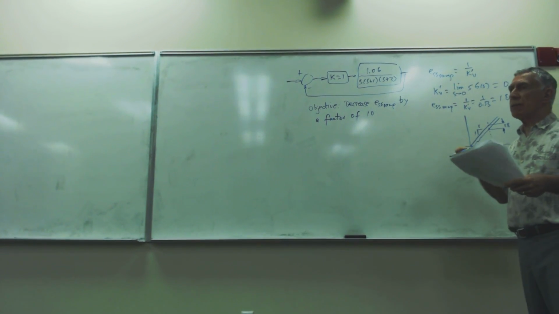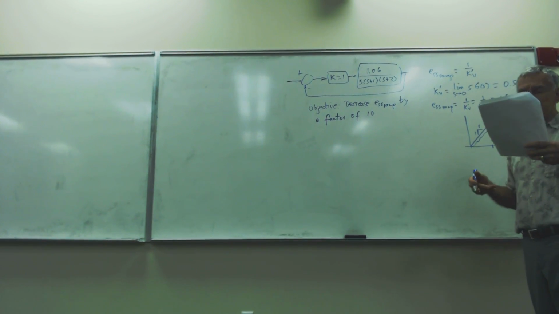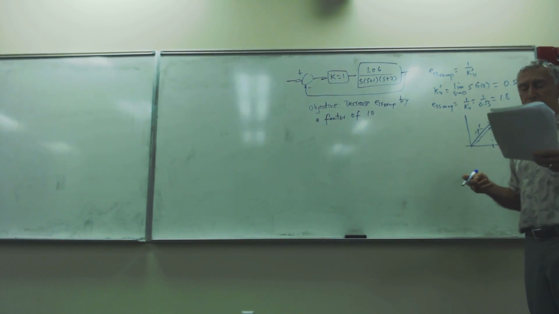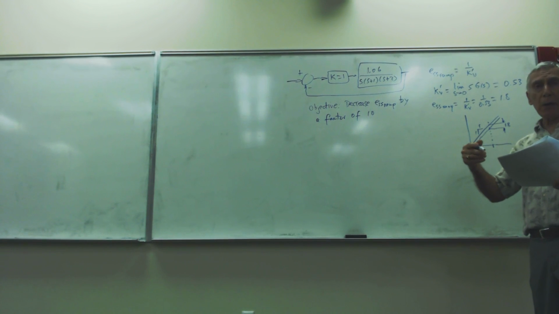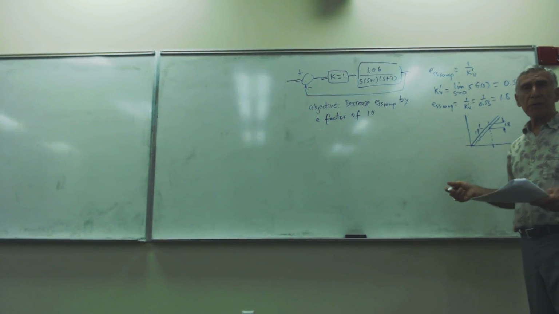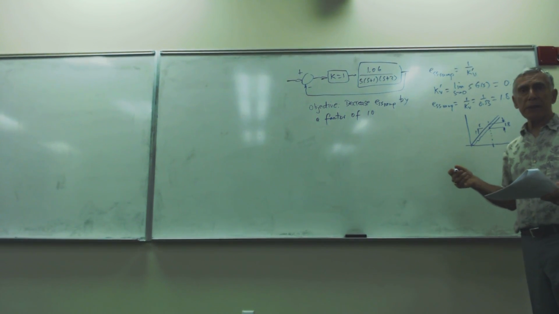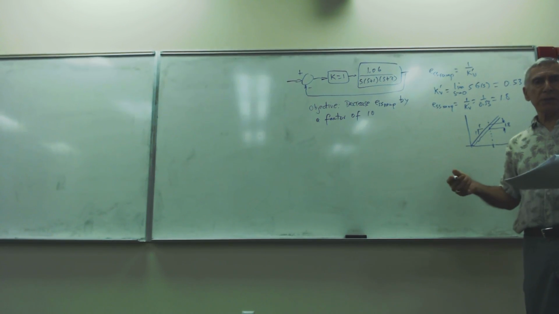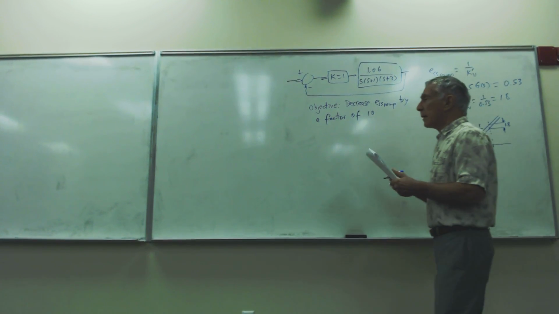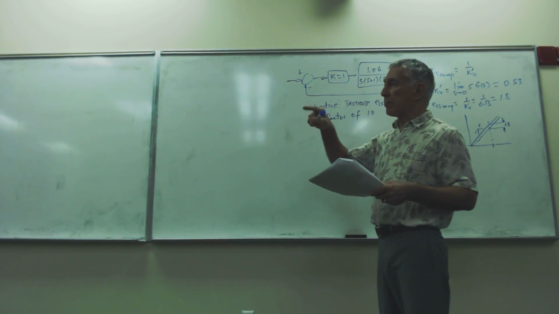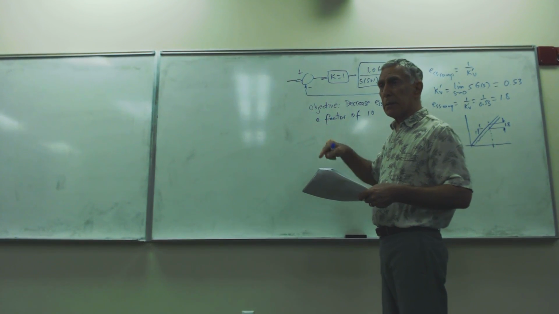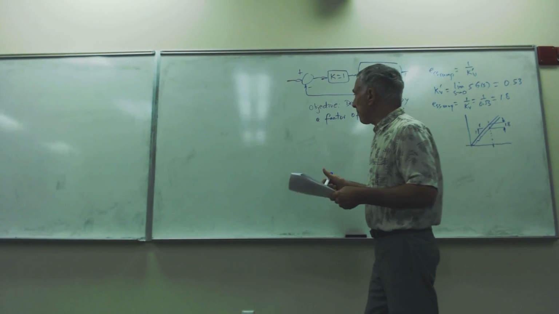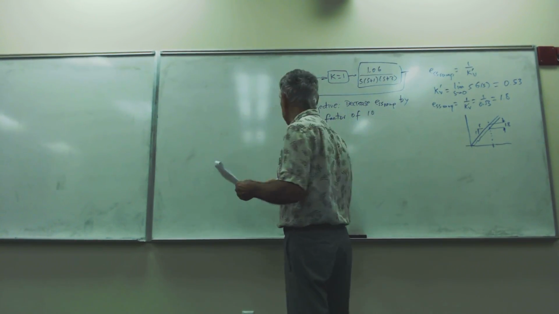Okay. So now let me give you the final lag compensator design and show you how it has in fact decreased it by a factor of 10, and then we'll get into the design. Actually, what we'll do is take a look at the locus plot and the ramp response.